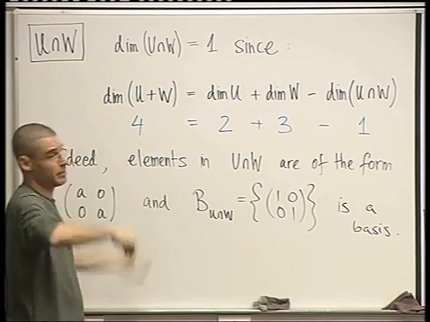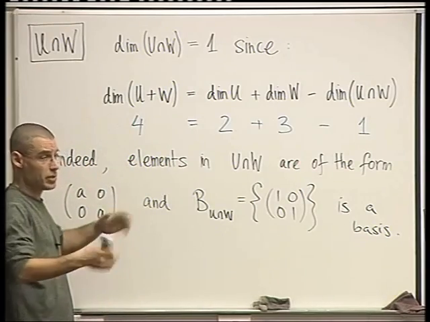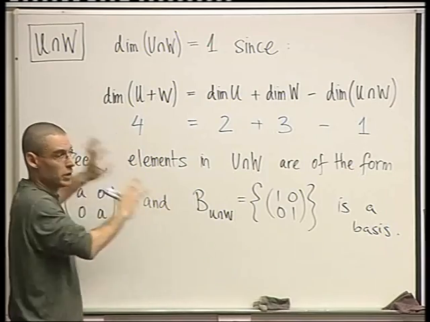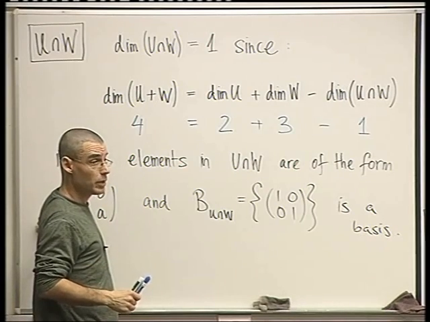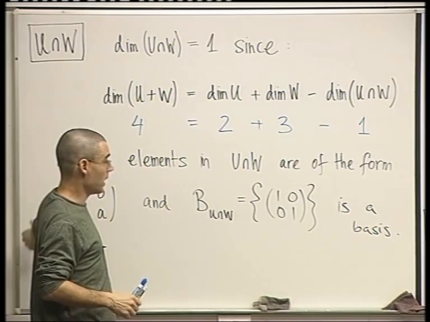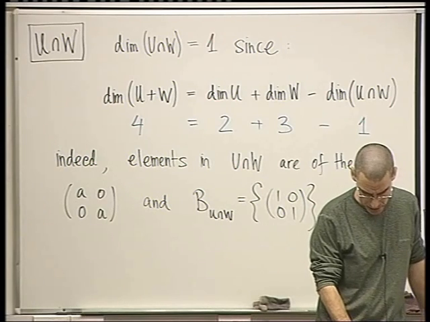Is it a direct sum? Find the basis for the intersection, find the basis for the sum, and so on and so forth. Okay, so this is really a very standard sort of question in this context. Okay, questions? Everybody good?